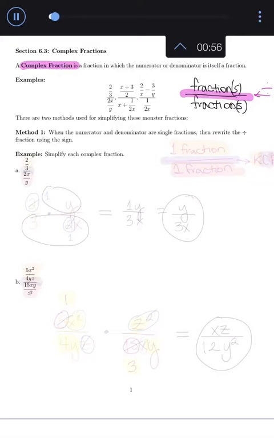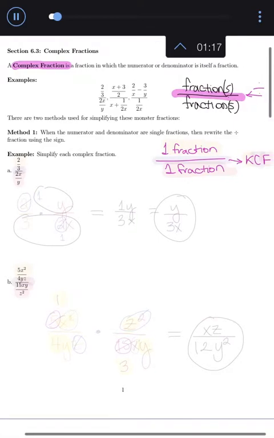If it's just one fraction on the top divided by one fraction on the bottom, then we can do what we already did in this section, which is keep, change, flip. We did this at the beginning of the chapter. The keep, change, flip, remember, means keep the first fraction.